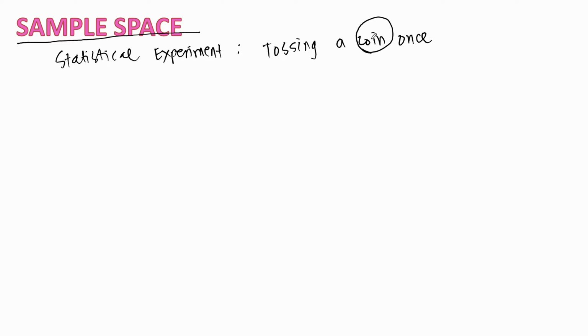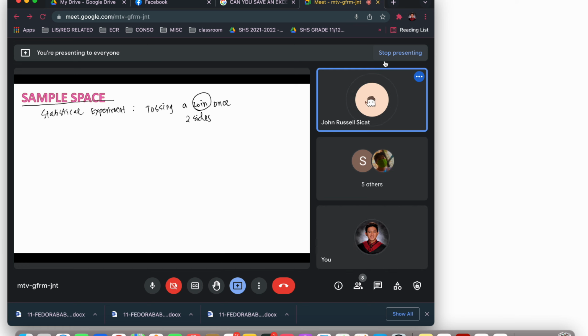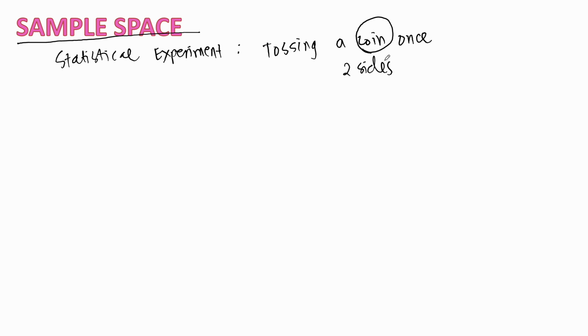Alam naman natin na ang coin ay may two sides. Yung two sides, it's either head or tail. Now, if you toss a coin once.